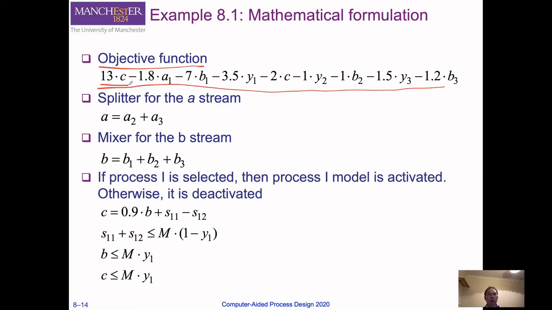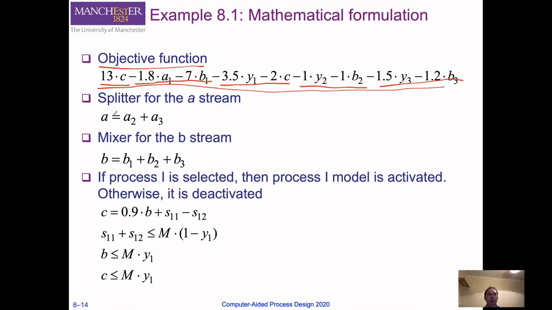The first term is the revenue from sale of product C, using the price of C times the flow rate of C, and these two terms are the raw material A and B cost. This is the operating cost from process 1. This is the cost from process 2. And this is the cost from process 3. As the cost of each process includes a fixed cost, we need to use that fixed cost times the integer variables to make sure that if the process is not selected, then the cost will be 0.